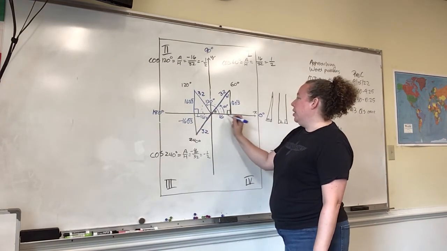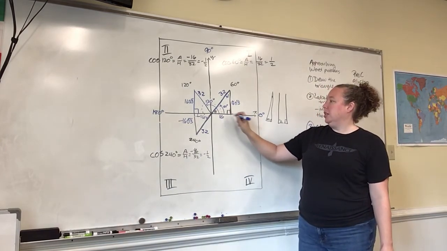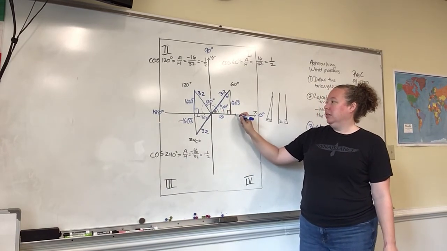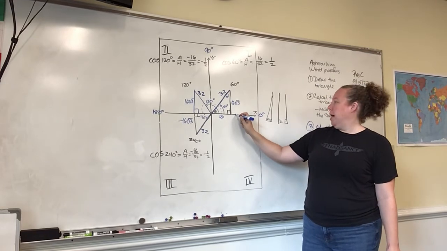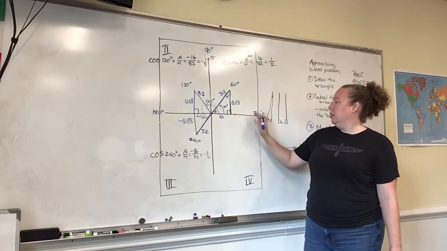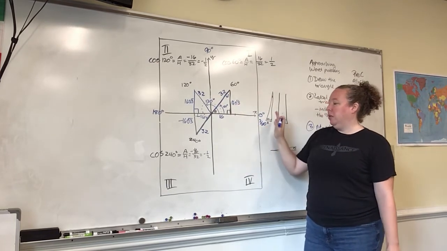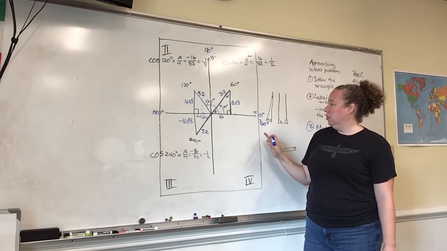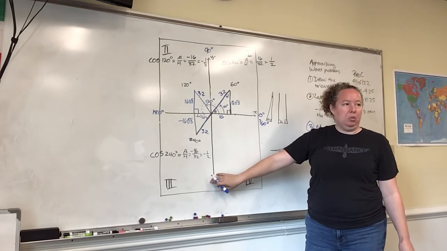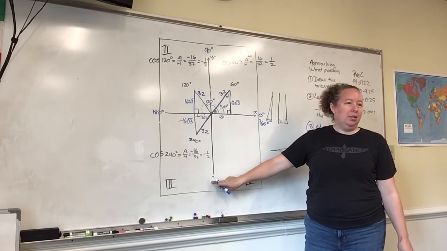Well, if we stop at 360, if we bring the hypotenuse all the way back to 360, the hypotenuse will be right matched up with the, because 360 will be going all the way around the full circle. By the way, what's the angle for straight down? 270.